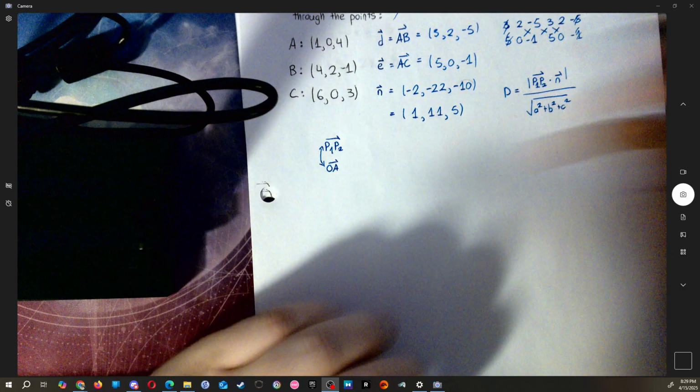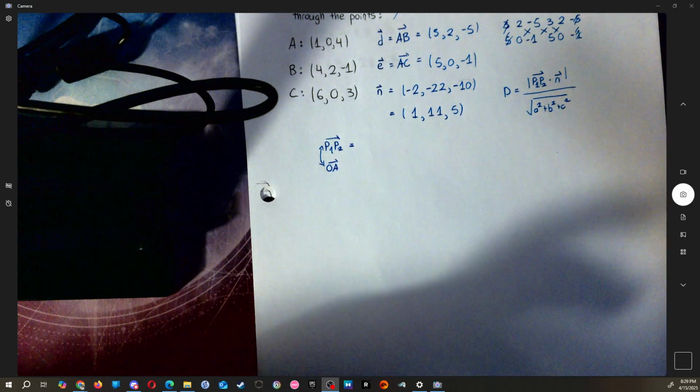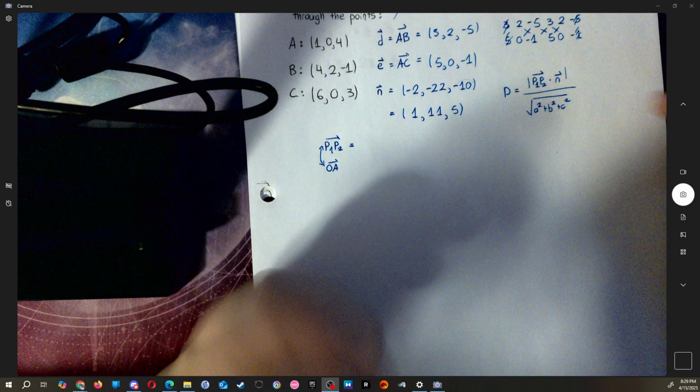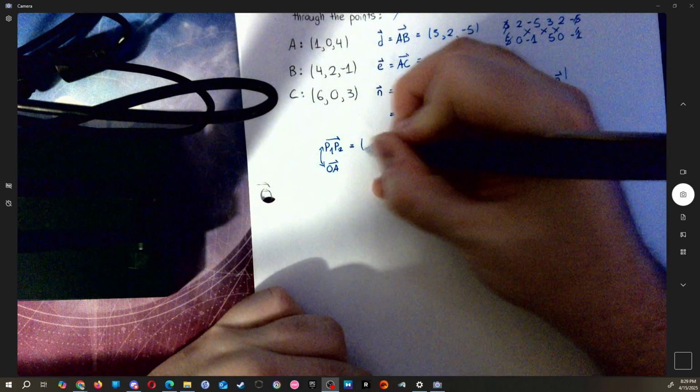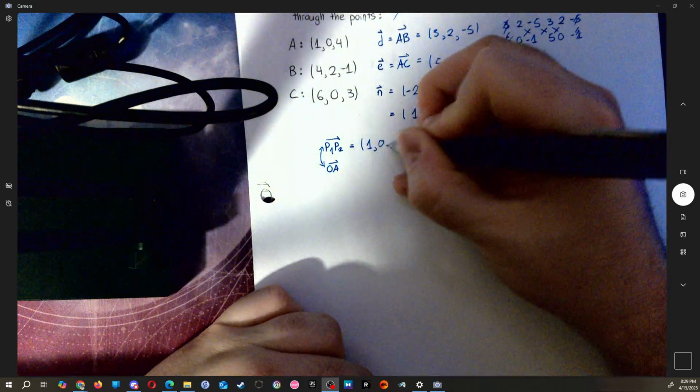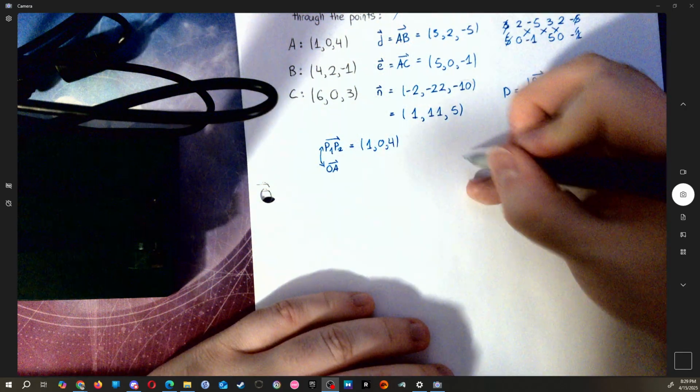Okay. And that, again, is nice and easy to calculate because our origin is just, well, 0, 0, 0, right? So it doesn't change the value of A. So it's just going to be 1, 0, and 4. And we plug this into our equation.